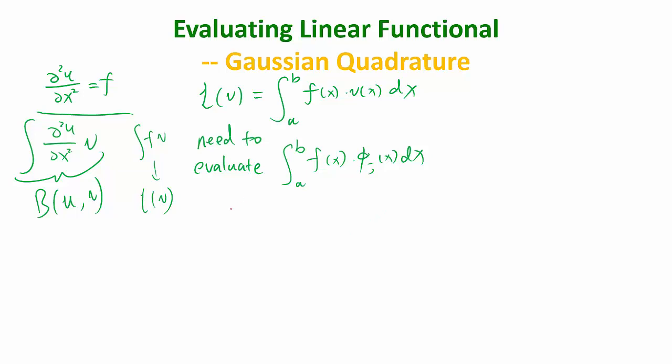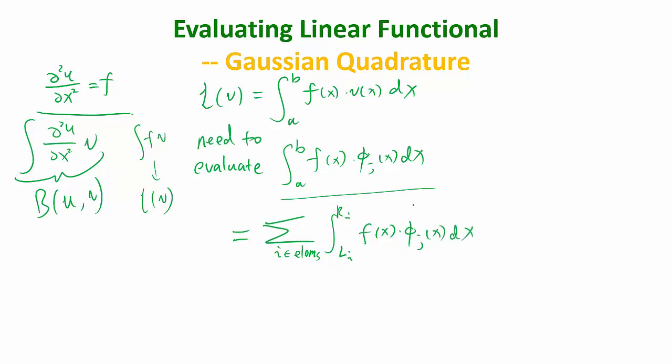So, first of all, we realize that this integral can be split into a summation of integrals in all the elements. So it's a summation over i, being the elements, of the integral from left i to right i of f times phi j of x dx. And here, we hope after we split into these elements, both f and phi are going to be smooth within that element.